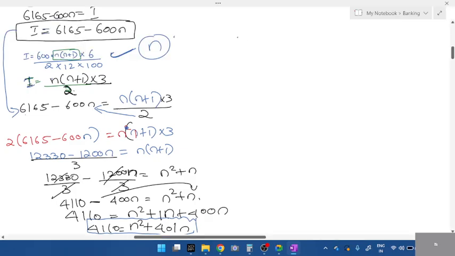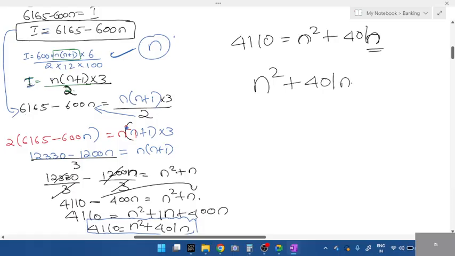This concept: 4110 is equal to n square plus 401n. So we have two n terms here. The first one has degree 1 and the other has degree 2. So always write degree 2 first. Next we have plus degree 1, 401n. Next, this 4110 should be on the same side. Shift it to the right hand side.